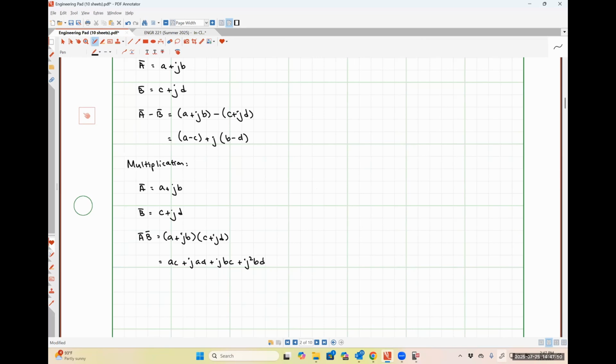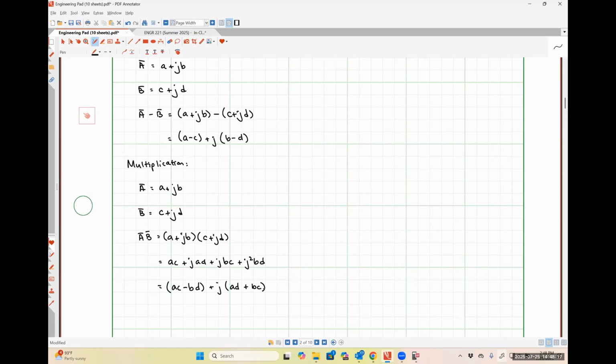Does anybody remember what j squared is from earlier? And if you don't remember, scroll up and look it up in the table. -1. So this actually simplifies to a real part of AC minus BD plus an imaginary part of AD plus BC.